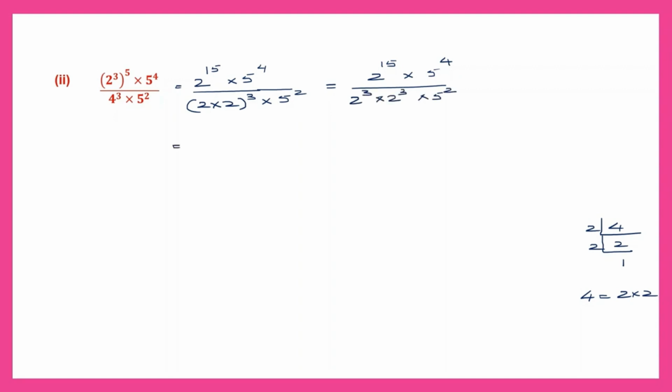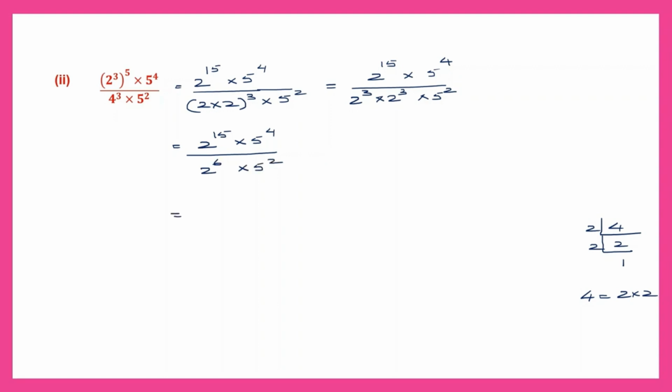So this will be 2 raised to the power of 15 as it is into 5 raised to the power of 4, and then here 2 to the power of 3 into 2 to the power of 3. When the base is the same, you can add the powers for multiplication. So 3 plus 3 is 6. So that becomes 2 to the power of 6 into 5 to the power of 2.